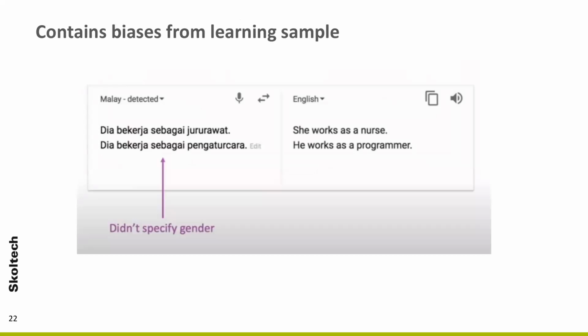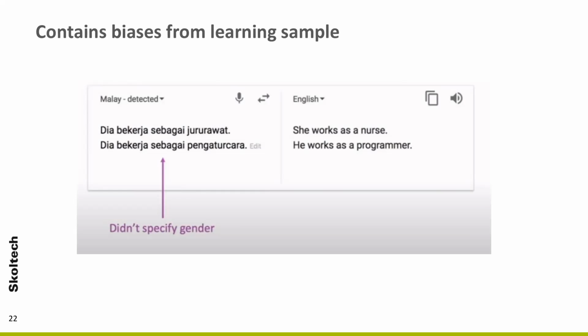Also, we have some biases learned from the training sample. I don't think this is an important problem for a model, it's a problem of the initial text. You can start change from yourself, not from the models you train on your data. The data always have some biases and the model learns these biases. For example, here you can see that we have the Malay language.